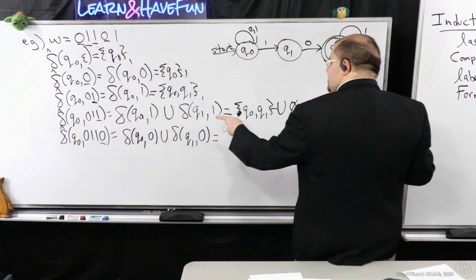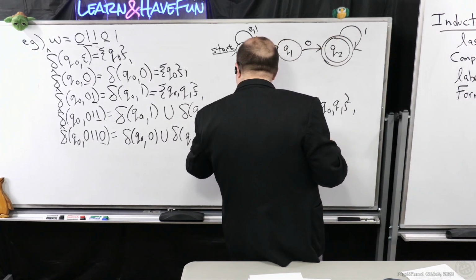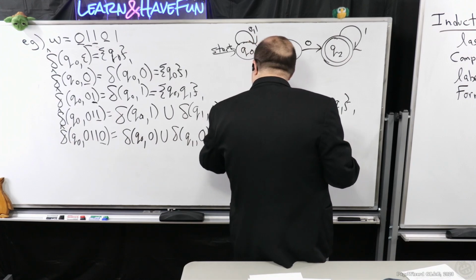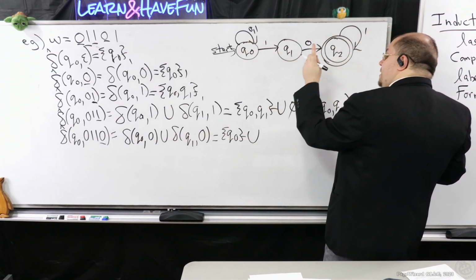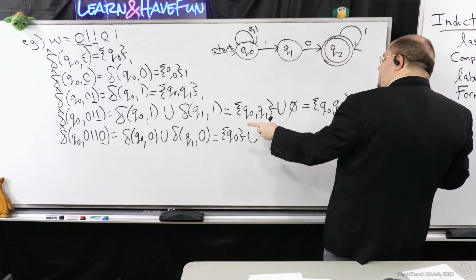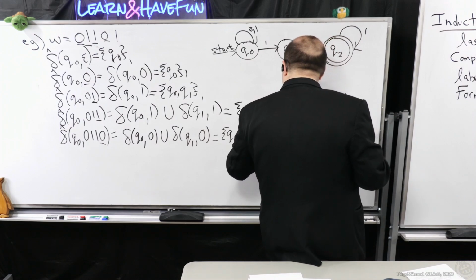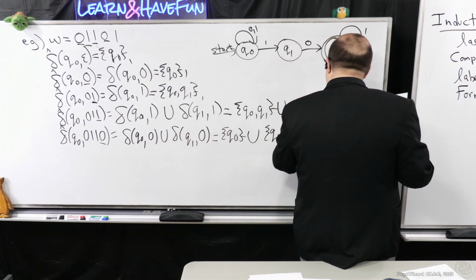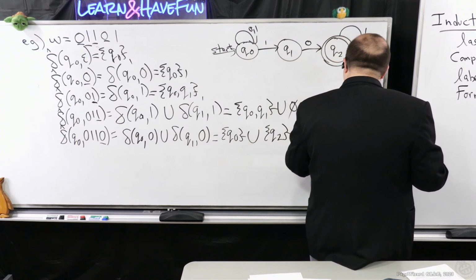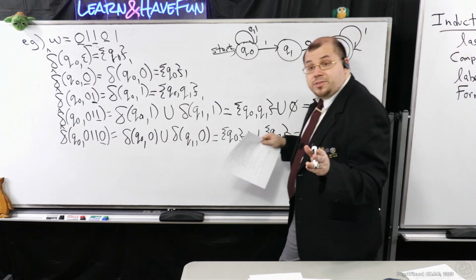On 0, q0 stays in q0. How about q1? Reading a 0, it goes to q2, but only q2. So we end up with q0, q2.